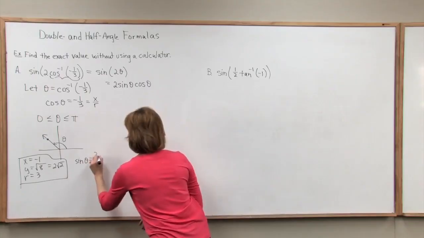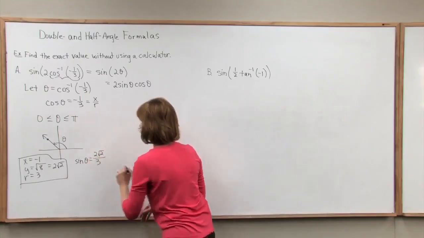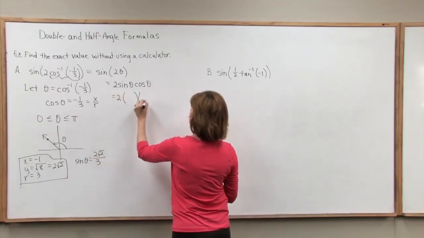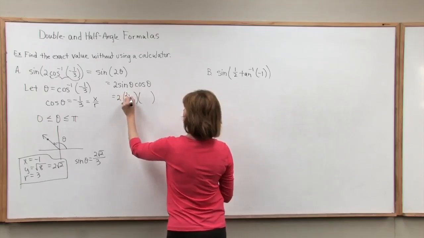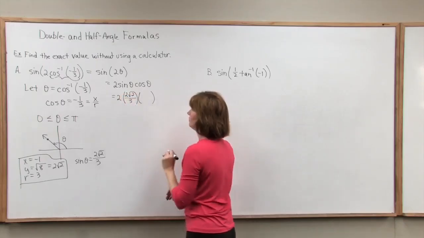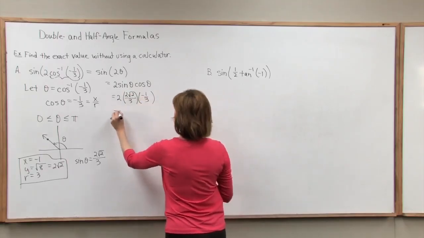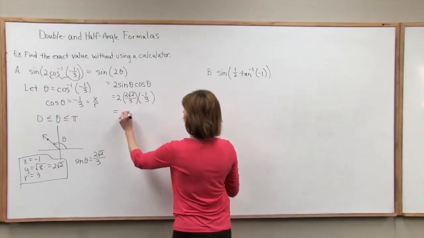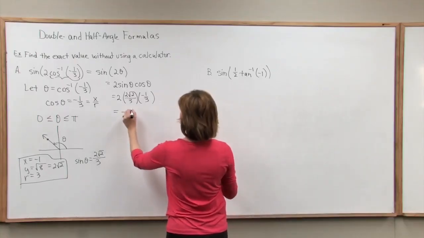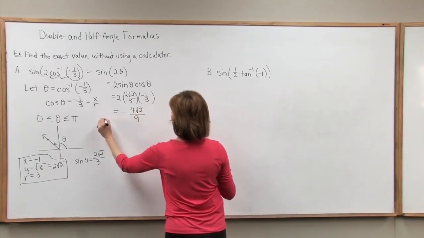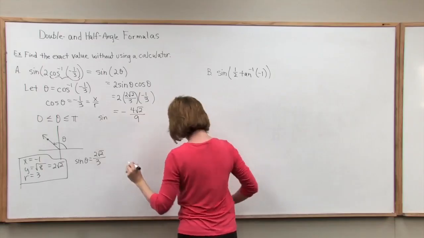It would be 2 square roots of 2 over 3. So we can plug in those values. 2 square roots of 2 over 3 for sine theta, cosine -1/3. And so I get a -4 square roots of 2 over 9 for sine 2 theta.